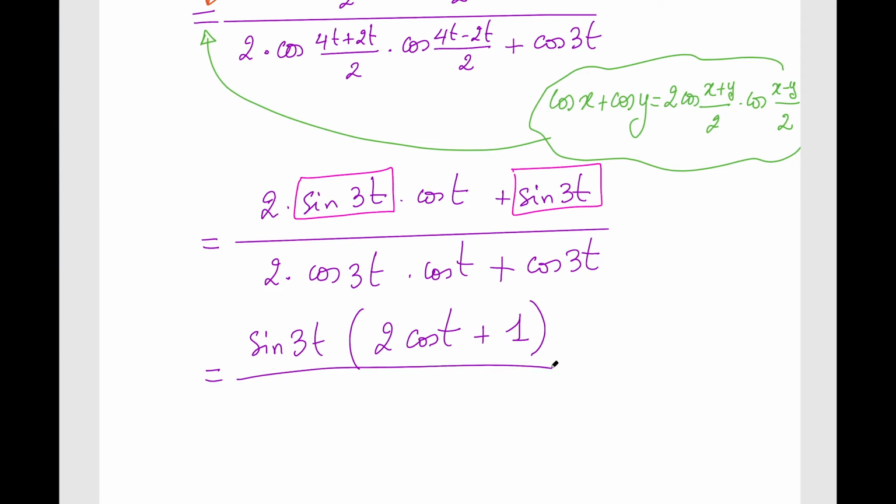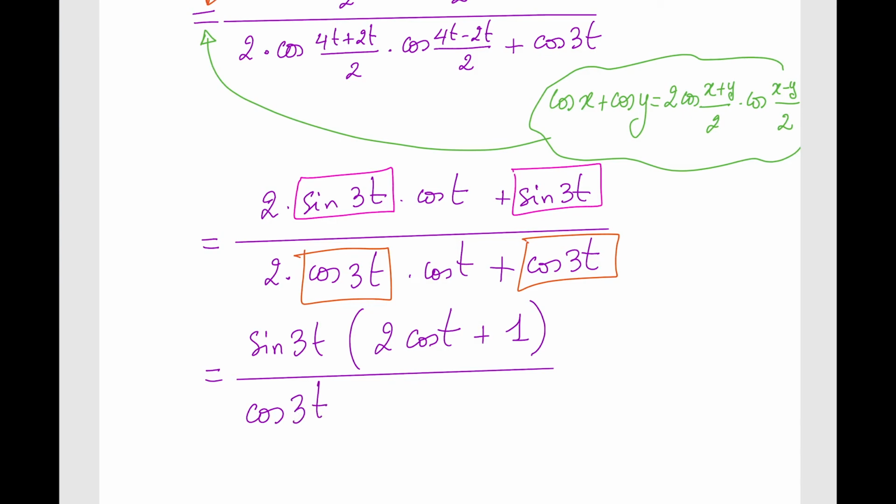Divided by, I'm going to do the same. If you observe, you also have cosine 3t as a common factor downstairs, and that becomes cosine of 3t times (2 cosine of t plus 1). Makes sense?